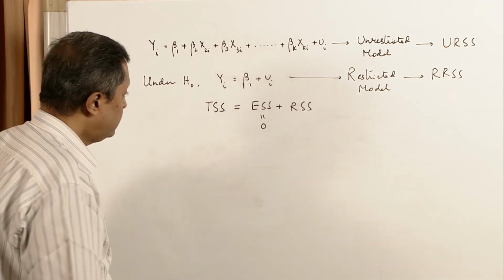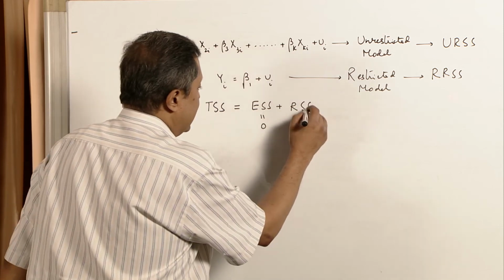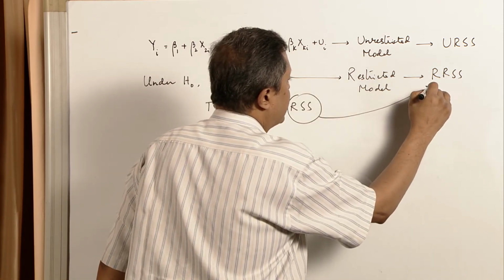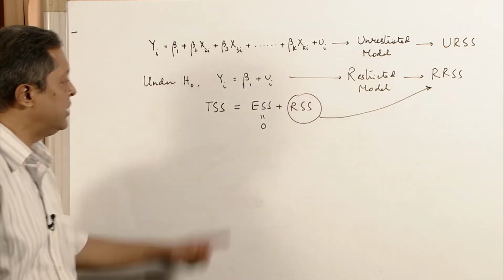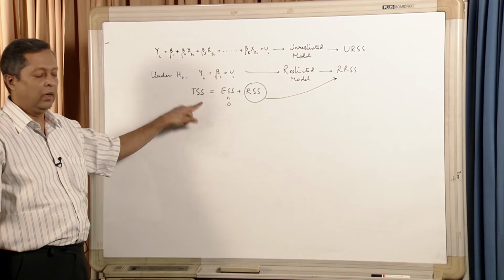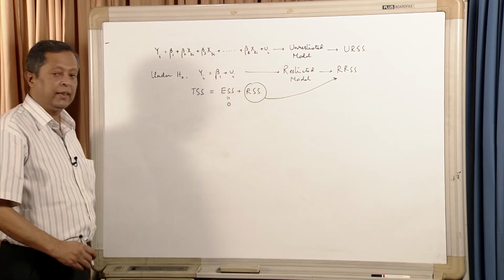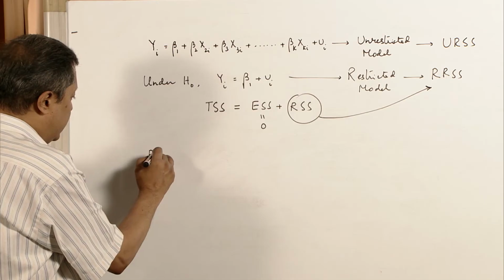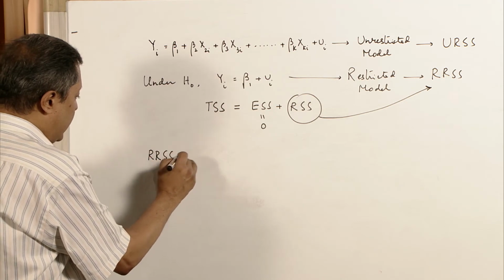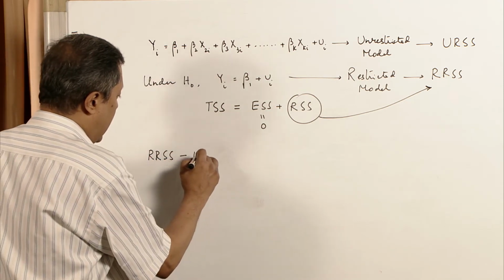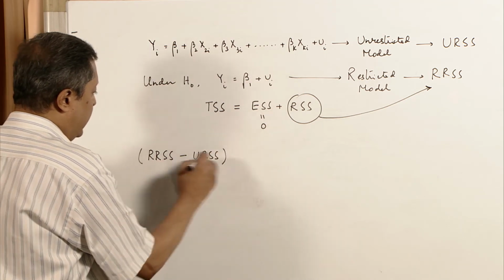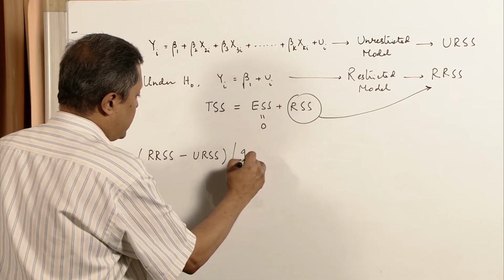So, this residual sum of squares is nothing but the restricted residual sum of squares, which is the total sum of squares. So, what is the formula that we use? Our familiar formula is restricted residual sum of squares minus unrestricted residual sum of squares divided by the number of restrictions q.